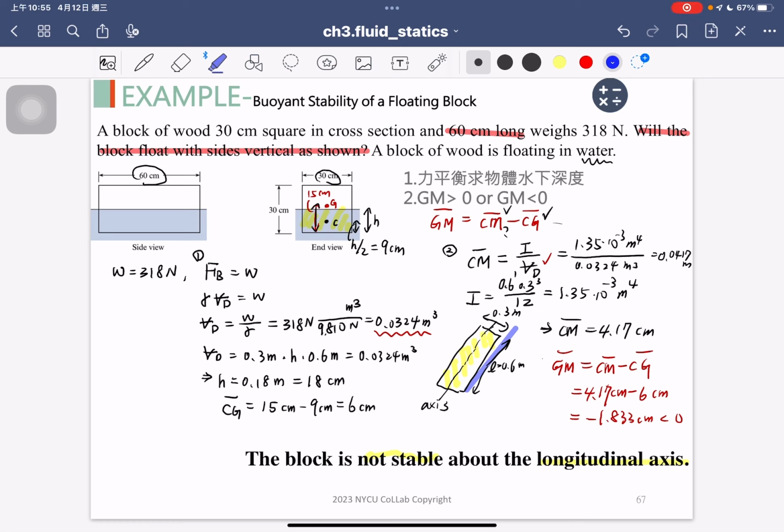So this idea is quite simple. You just compute the GN distance and identify whether it is positive or negative, and then you can make a comment on the stability problem. If it is less than 0, it is unstable, but if it is larger than 0, I can say that it is stable. So for this question we can say the block is unstable because the GN value is less than 0.